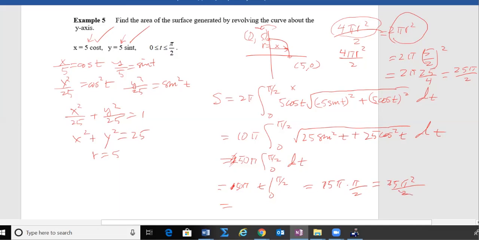But I still don't like my pi squared. Okay, something isn't right here.